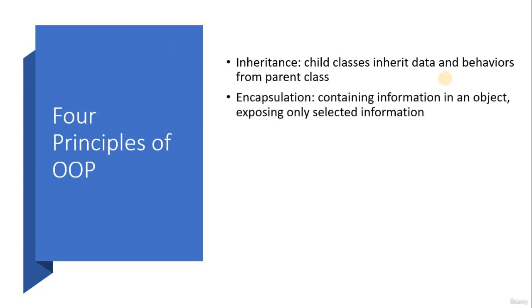And the other one is encapsulation. I touched on this earlier. Encapsulation is containing information in an object and exposing only selected information. So it is a way of filtering information, private versus public information.